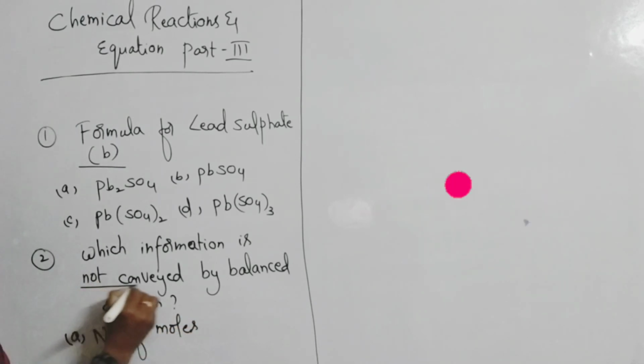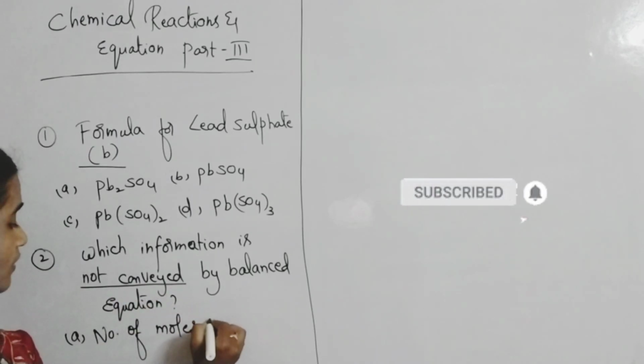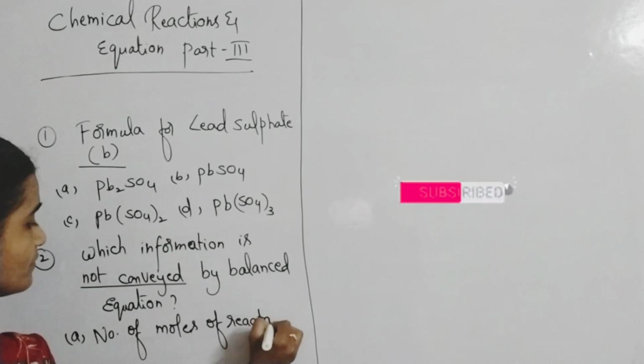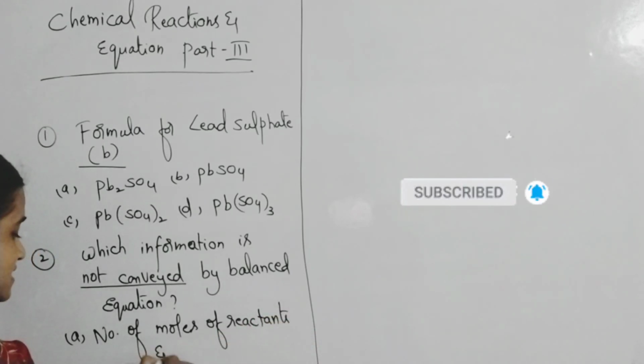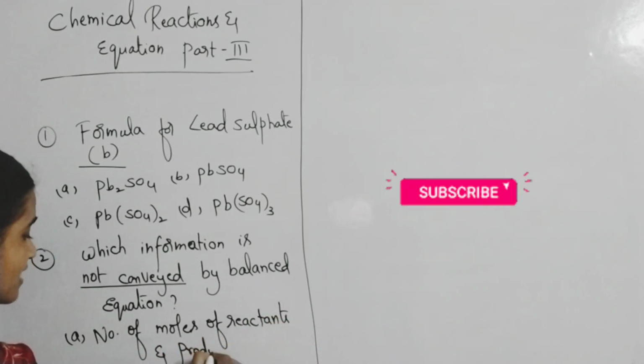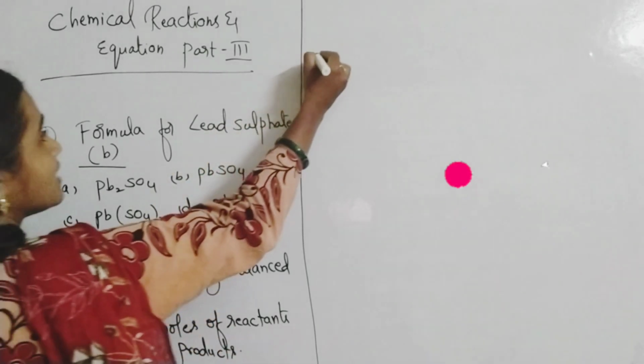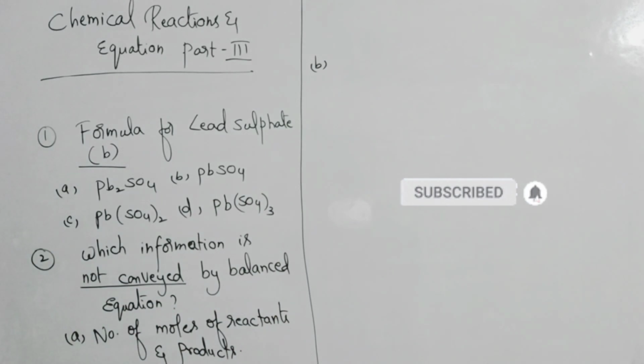Here the question asked is what is not conveyed. The number of moles of reactants and products is given by a balanced equation, so this is not the correct option. Option B, symbols and formulas. It is a symbolic representation of a chemical change, so it gives information about symbols and formulas. Option C, number of atoms and molecules.